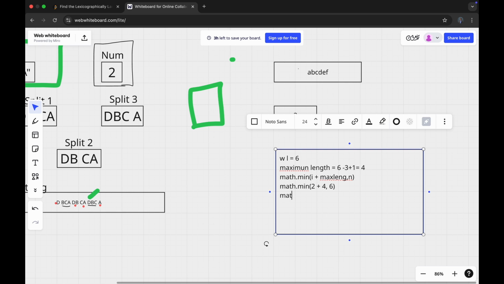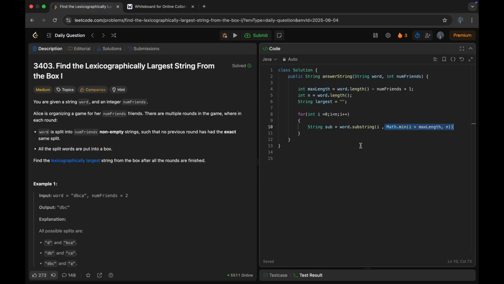So Math.min(6, 6) gives 6, and word.substring(2, 6) gives us the final answer CDEF.